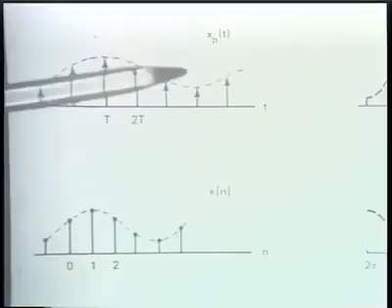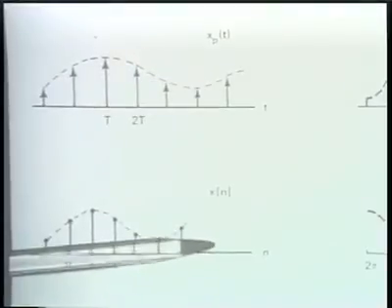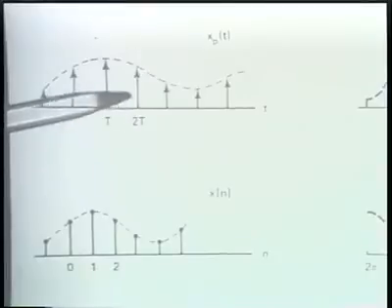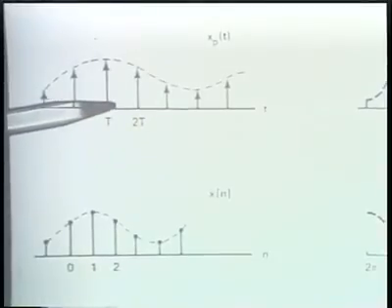So in effect, you could say that the step in going from here to here corresponds to normalizing out in the time domain the sampling period capital T.